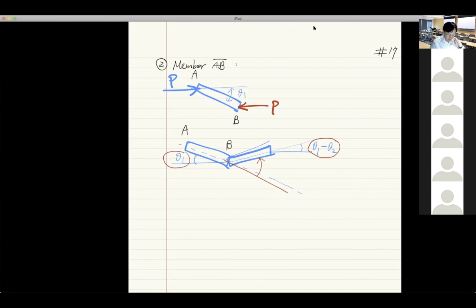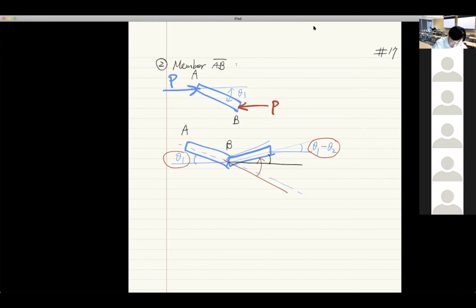Therefore, what is this actual amount of rotation? The actual amount of rotation is the summation of theta 1 plus theta 1 minus theta 2. That's the total amount of rotation. How do we know that? It's just by making this reference line horizontal like this.